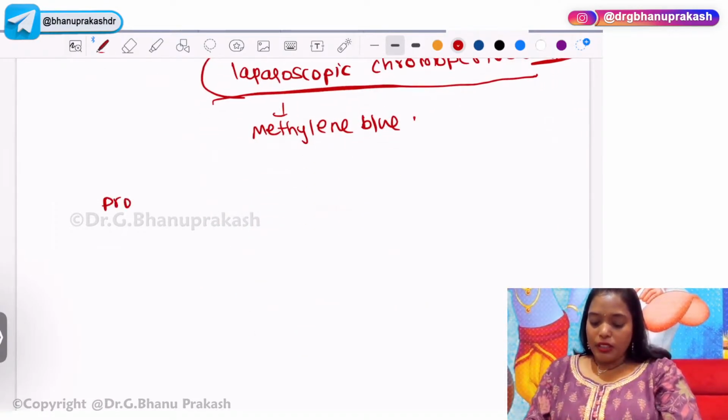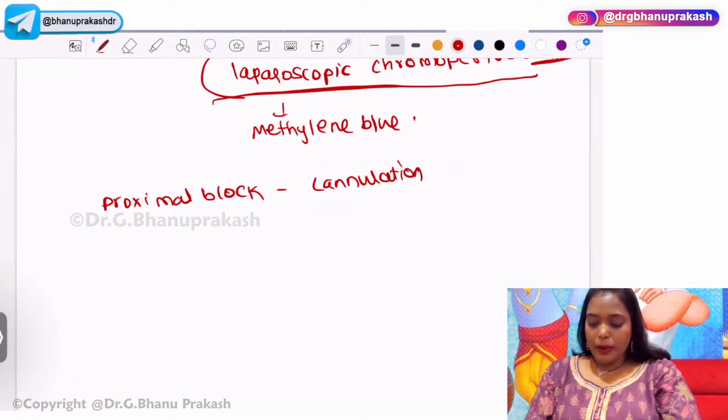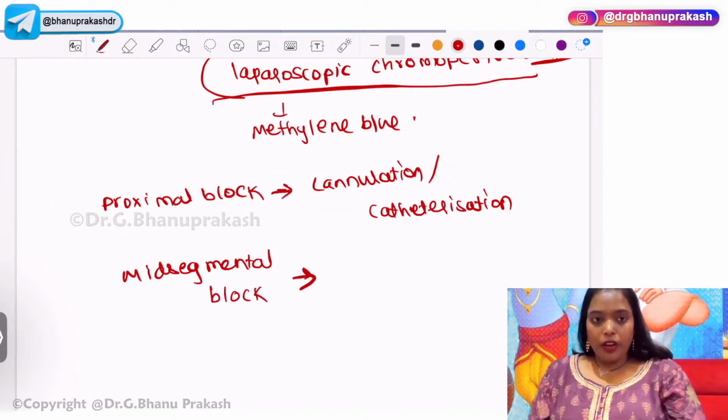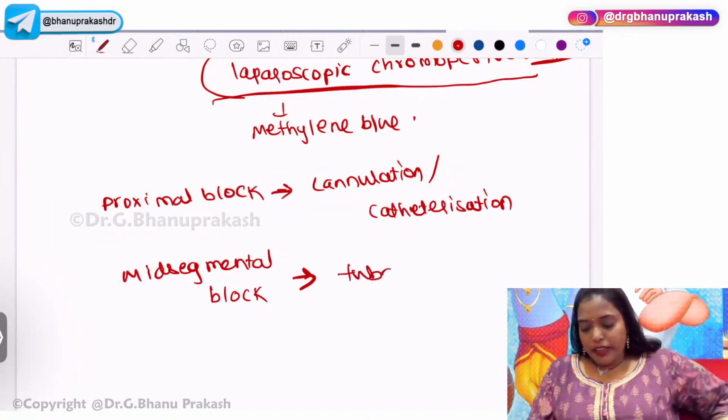When you have a proximal block, you'll go for cannulation or catheterization. When you have a mid-segmental block, you'll do tubal recanalization.